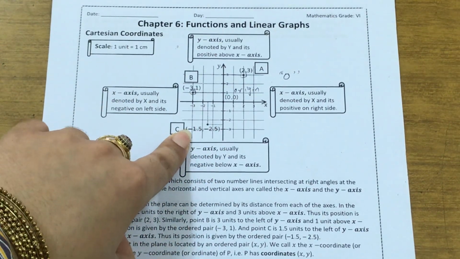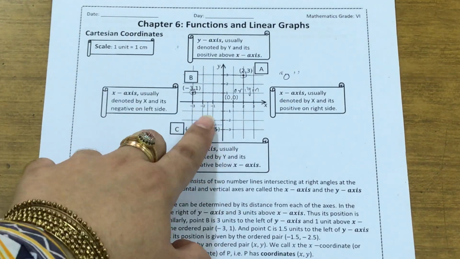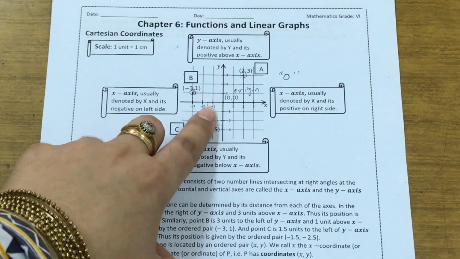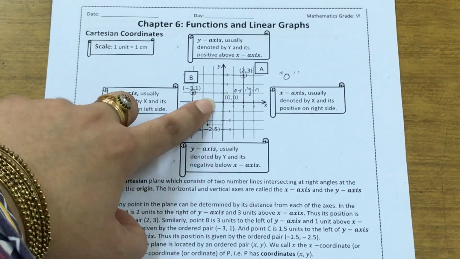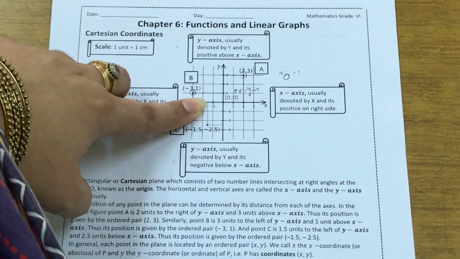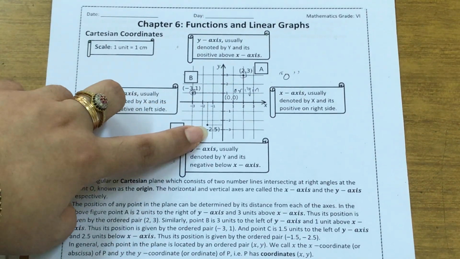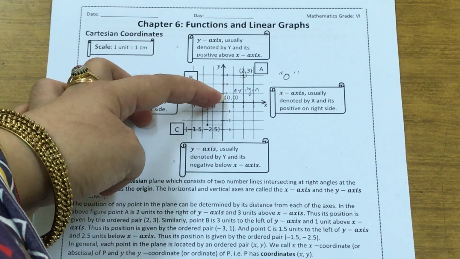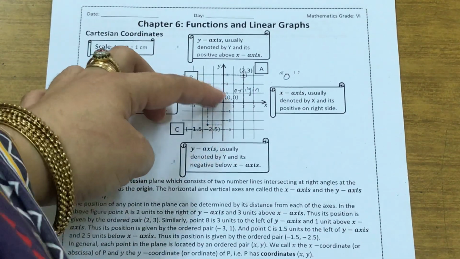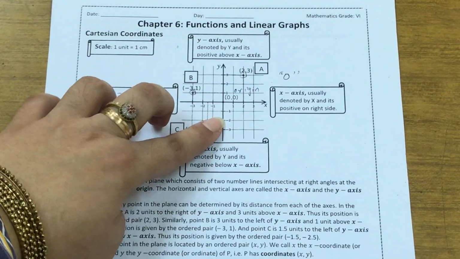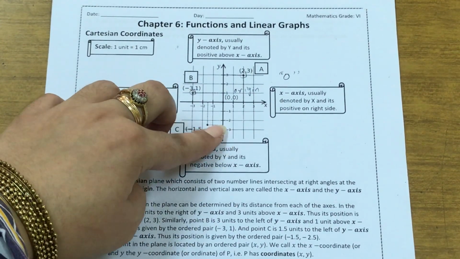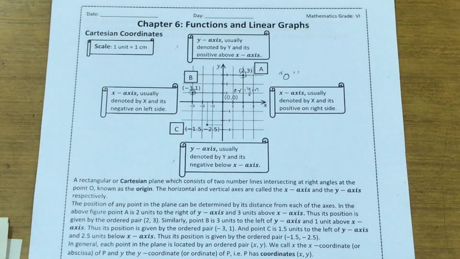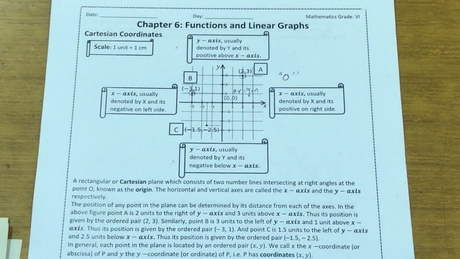The x coordinate is -1.5, so we will take the distance of 1.5 points on our left hand side. Then the y coordinate is -2.5, so we will take the distance of 2.5 points below the x-axis. And in front of these two distances is our point C. Understood? Hope you have understood the example.